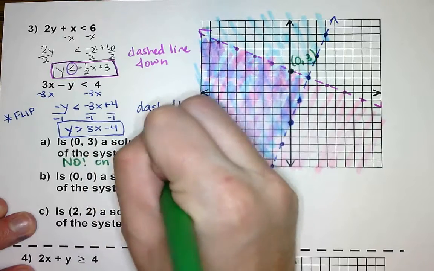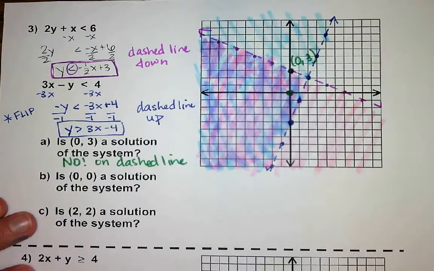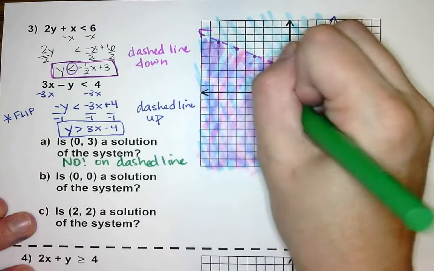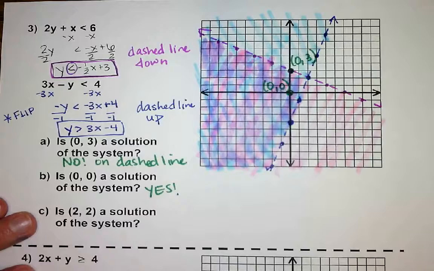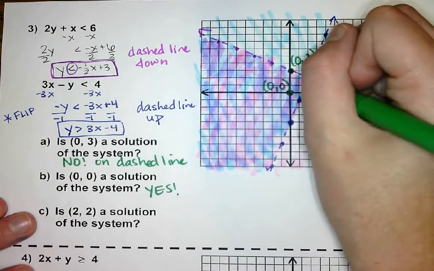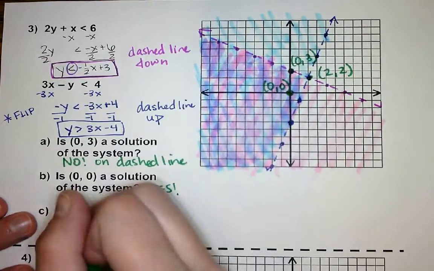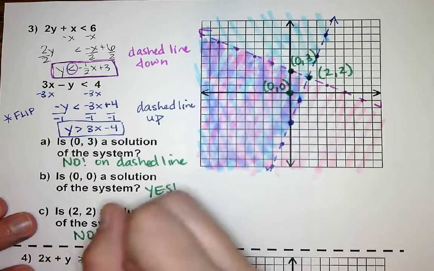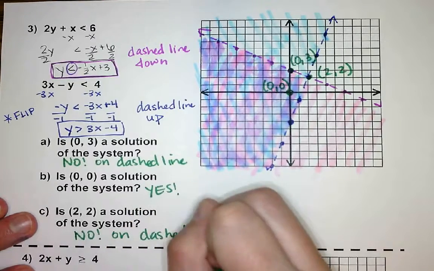Is 0, 0 a solution? Yeah, it is. It's in the double shaded region, very confidently in that double shaded region. Is 2, 2 a solution? Why not? It is not, because it's on the dashed line. So guys, if it's on the dashed line, it cannot be a solution.